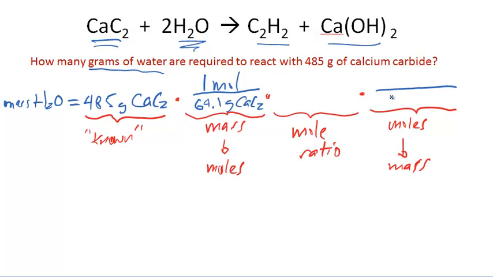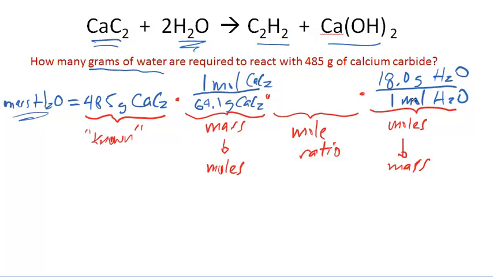So since we're going back to mass, we're going to need the molar mass of the water, right? And molar mass of water is 18.0 grams, and that's 1 mole of water.